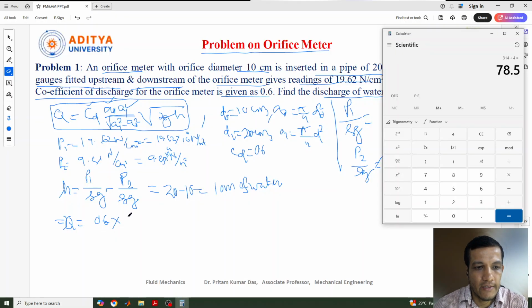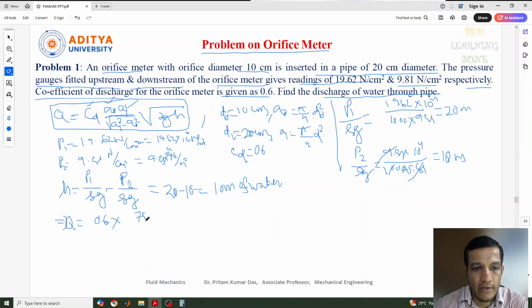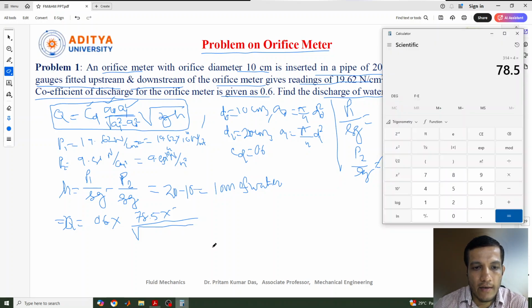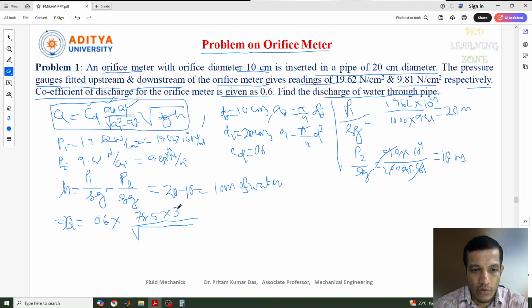So I can write 78.5 here, and A1 is 3.14 into 20 squared, that is 314.